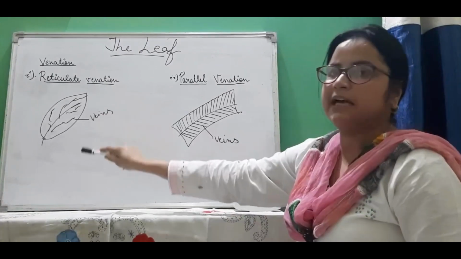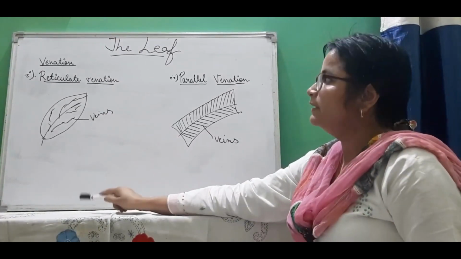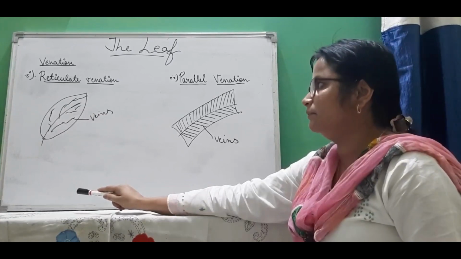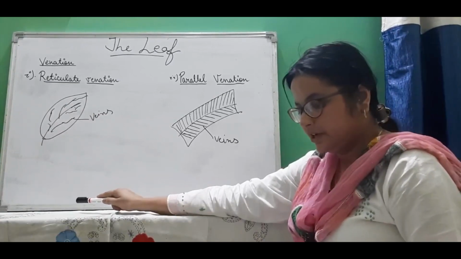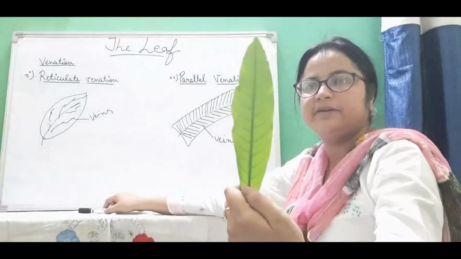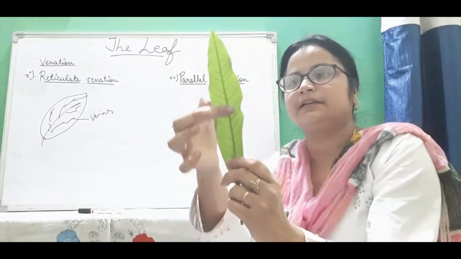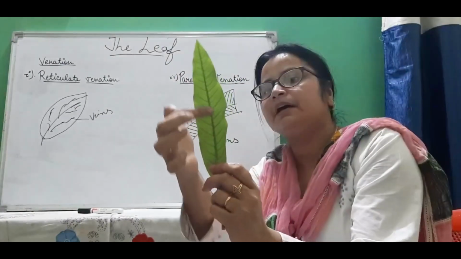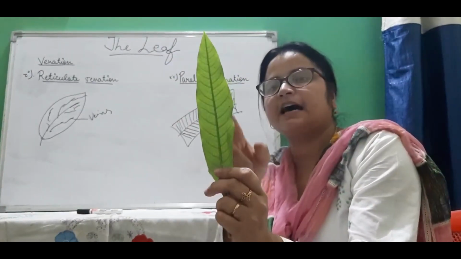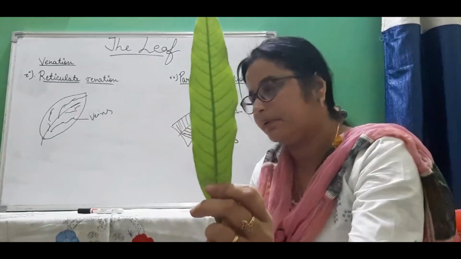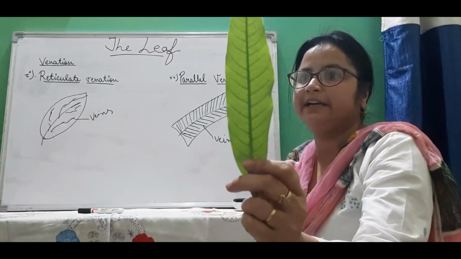That's why this type of venation is known as reticulate venation, which is present in many types of leaves like peepal leaf, mango leaf or guava leaf. You can see this is the mango leaf and this is the midrib, and from this midrib many small branches of veins are divided. This division of veins is known as reticulate venation.